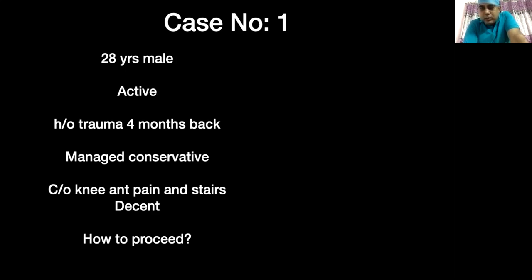So you people are using a modified brace sort of thing. At my place, I put plaster. I put a cylindrical cast for 3 weeks. After that, I take it out and start with the rehab and then give the brace also, because my patient doesn't understand it properly. So for all my isolated acute mid-substance tears, I put a cylindrical cast.